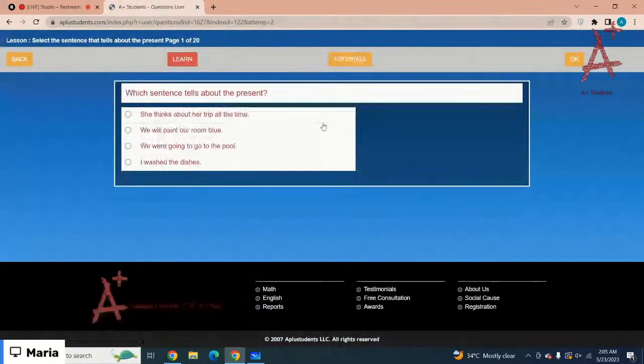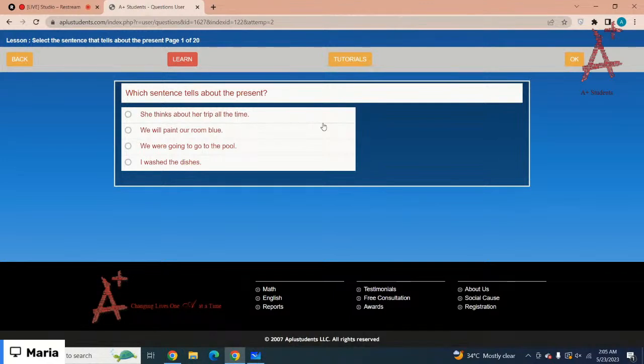Which sentence tells about the present? She thinks about her trip all the time. We will paint our room blue. We were going to the pool. I washed the dishes. Here you have four sentences given. You need to see which one is in the present tense. Present tense is the one in which the verb has either s or nothing.